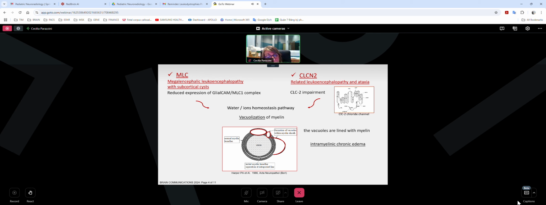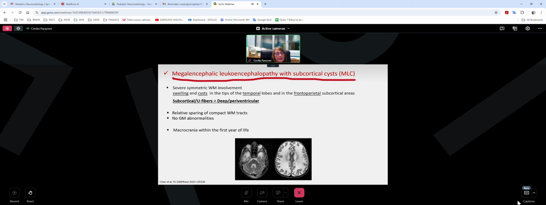In MLC, there is a reduced expression of the GlialCAM-MLC1 complex, while in CLCN2 we have a CLC-2 chloride channel impairment, and both these factors are co-localized on perivascular astrocytes and produce an impairment of the water-ion homeostasis pathway. The result is a vacuolization of myelin in which vacuoles are lined with myelin, leading to an intramyelinic edema.